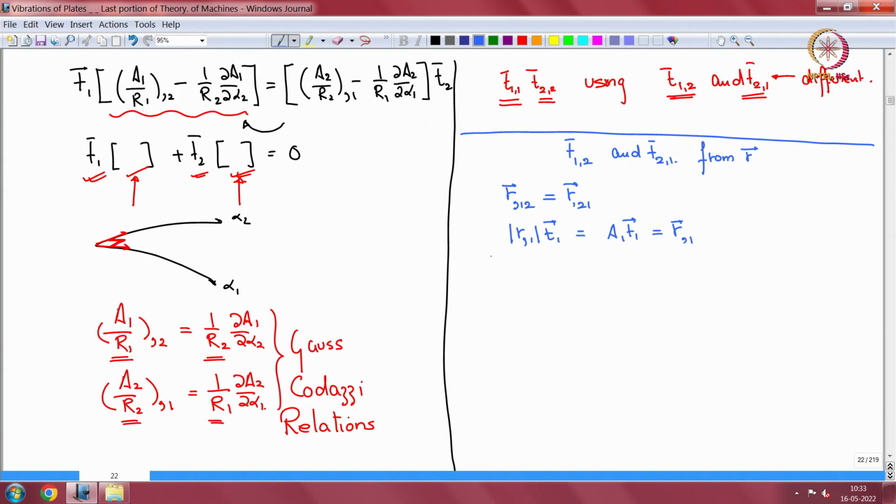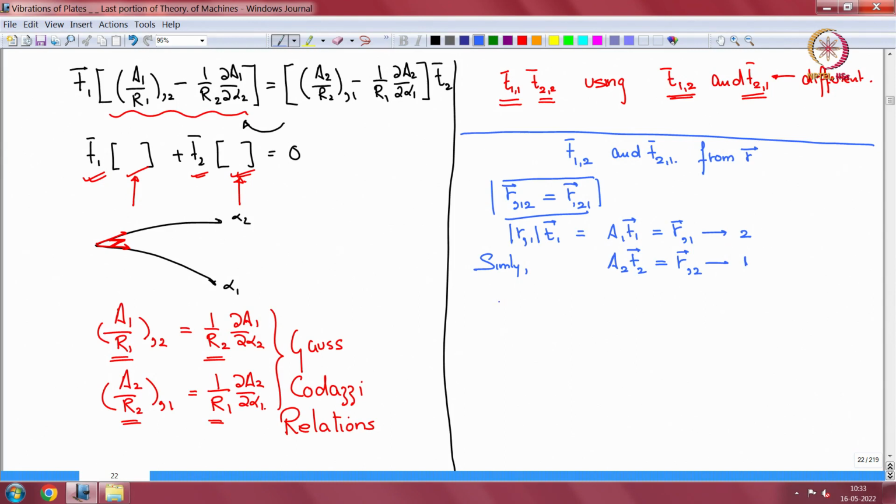Similarly, A2 T2 is equal to R,2. Now, if we use this, then this differentiated with 2 is equal to this differentiated with 1.